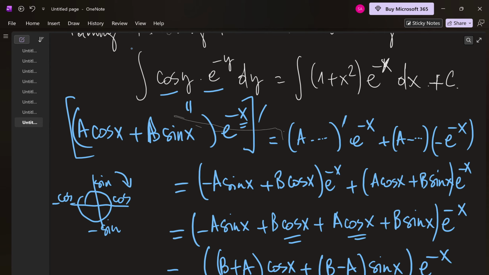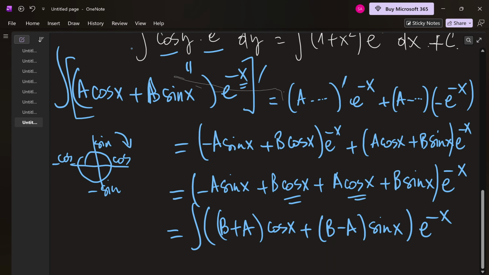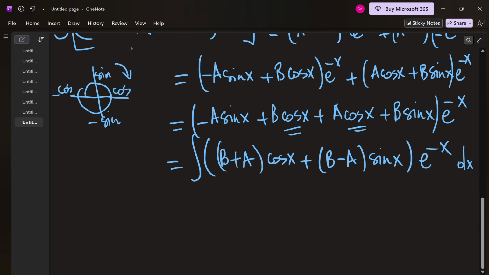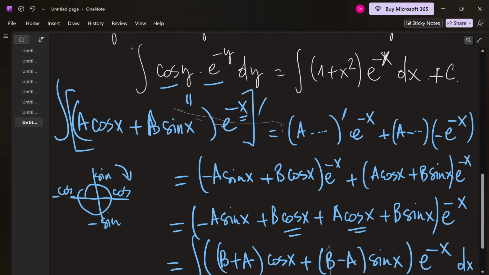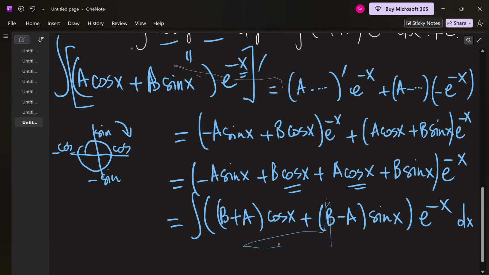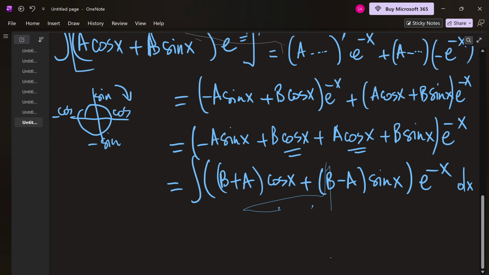Okay, so now we have a rule on how to compute this integral. If you take the integral of this guy, here we have cos y times exponential minus y. This is what we want to calculate.